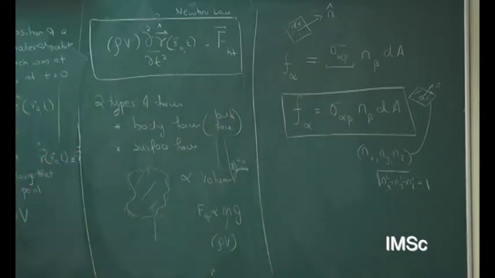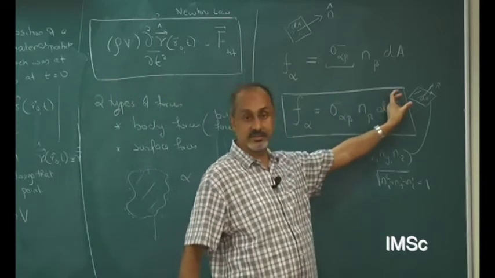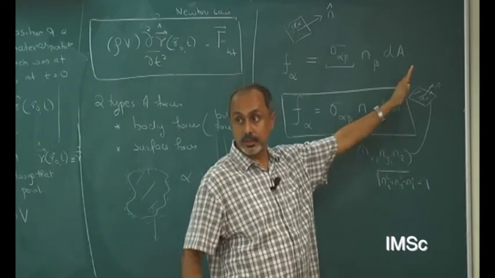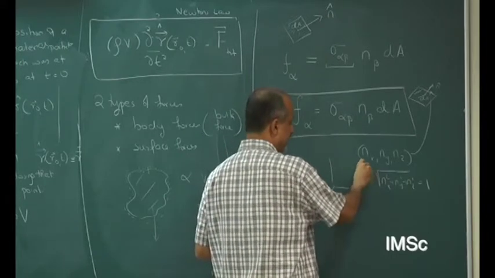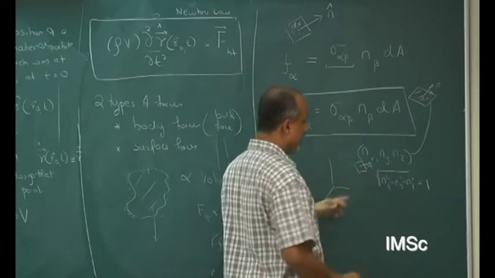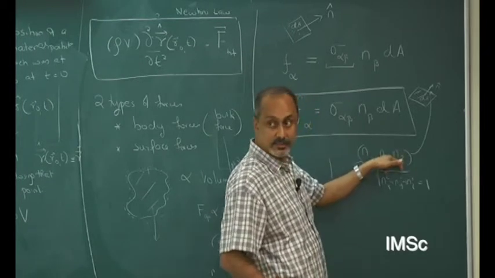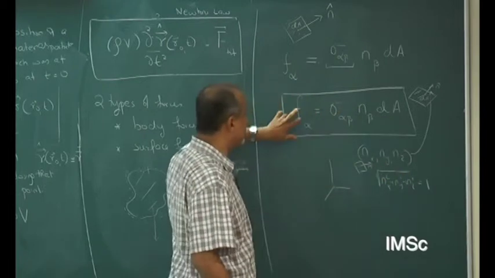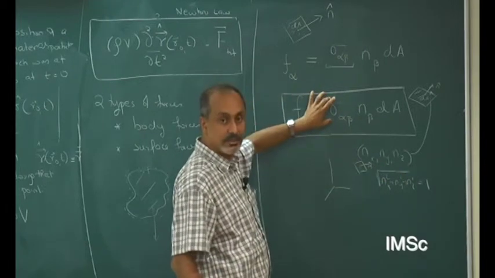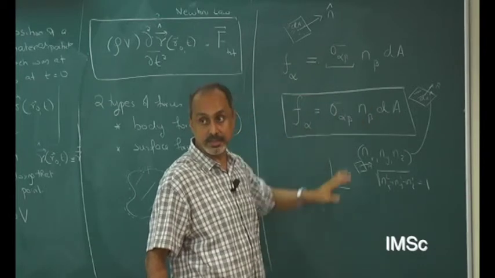So think of an infinitesimal little piece of surface with a normal with components. I imagine that I have some coordinate system. I think of the surface. There is a normal, and in this coordinate system, the normal is described by nx, ny, and nz. Once I do that, then I can write the force in terms of some quantity called sigma times this n, alpha and beta, the three components of the n.